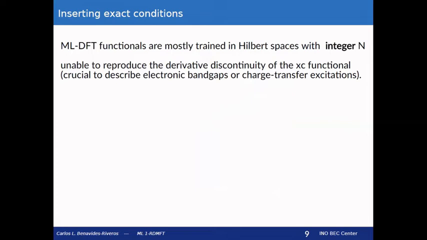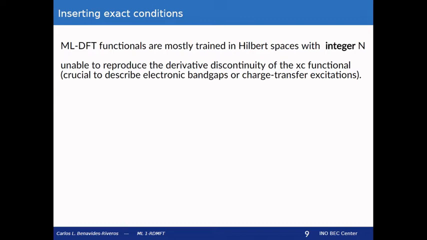But so far, the state of the art, let's say as of October of last year when we did this second work, is that all machine learning functionals are essentially trained with, mainly with, an integer number of electrons. So this is good because you can obtain some data for this kind of systems, but you know that there are important constraints in the exact functional of DFT that contain a lot of physical information.